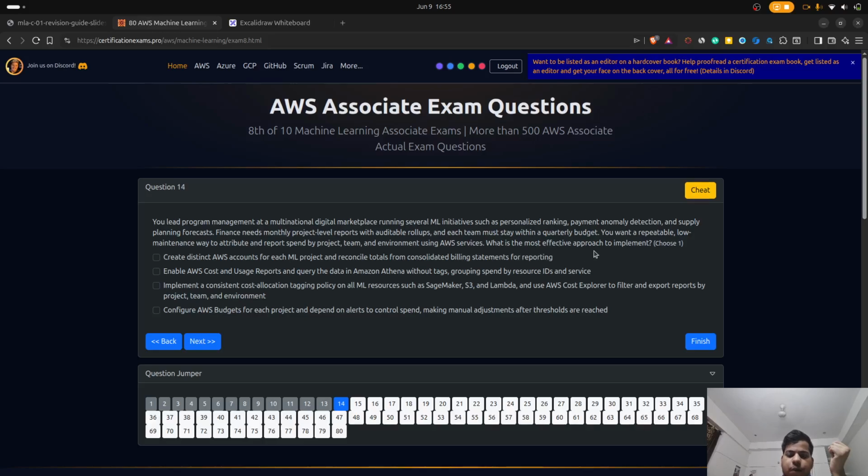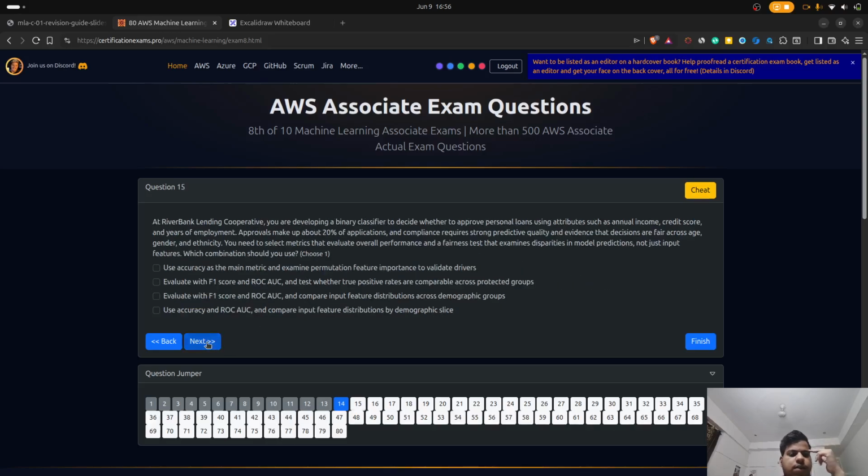What is the most effective approach to implement? I think the third one is the most appropriate option.